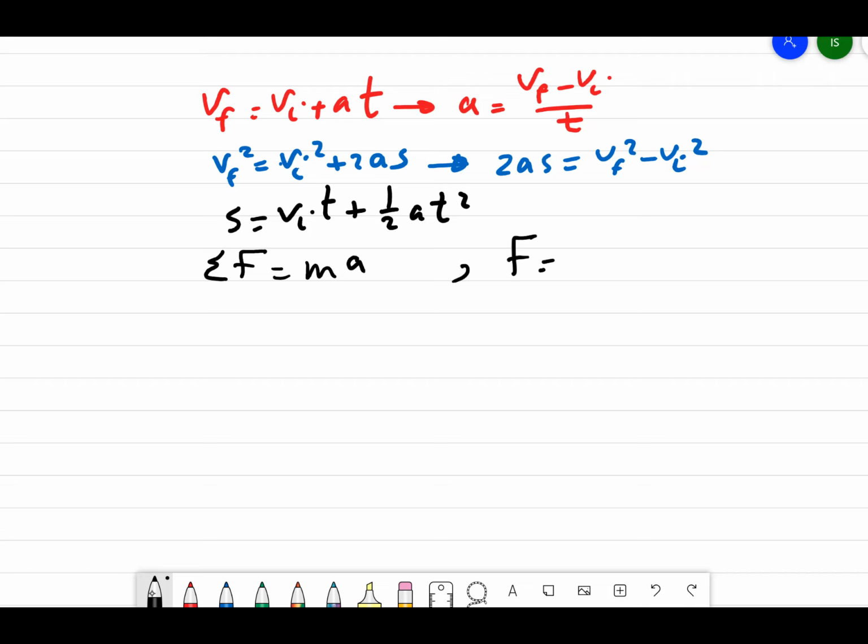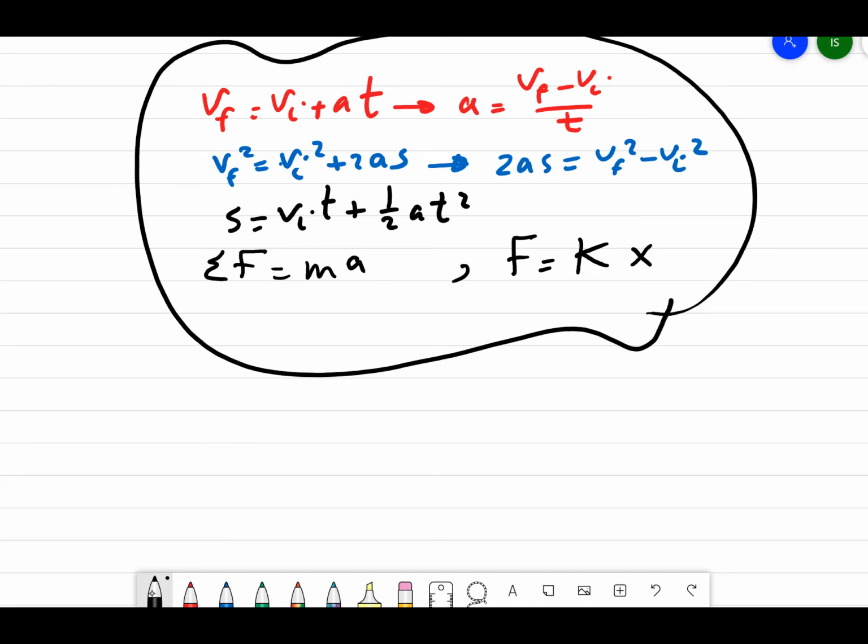Also for Hooke's law, F equals kx. These are the equations that I used in solving the 100 problems for chapter 5. But you need to read the problem in detail and not forget any information given in the problem.